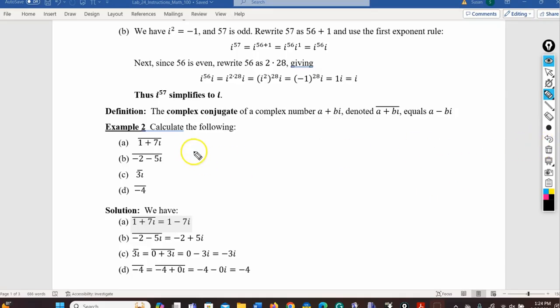So if I'm looking here, if I want the complex conjugate of 1 plus 7i, that's going to be 1 minus 7i. I just changed the imaginary part sign. If I want the complex conjugate of negative 2 minus 5i, I only change the sign of the imaginary part.